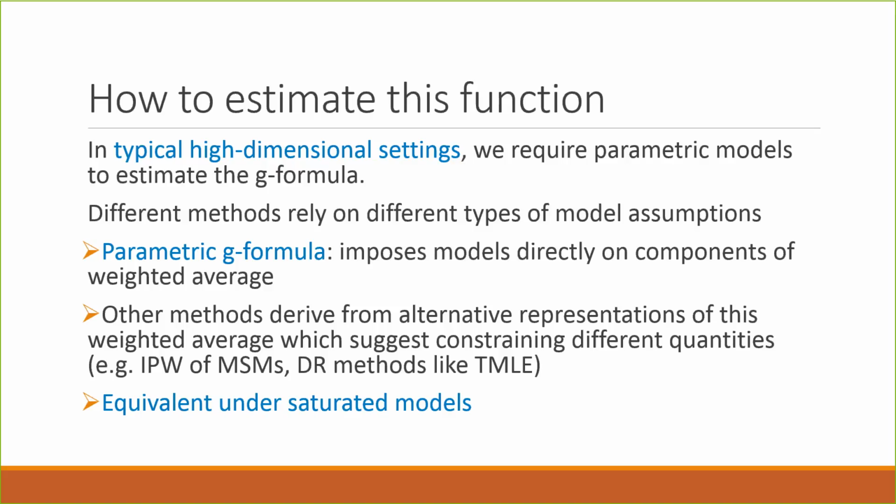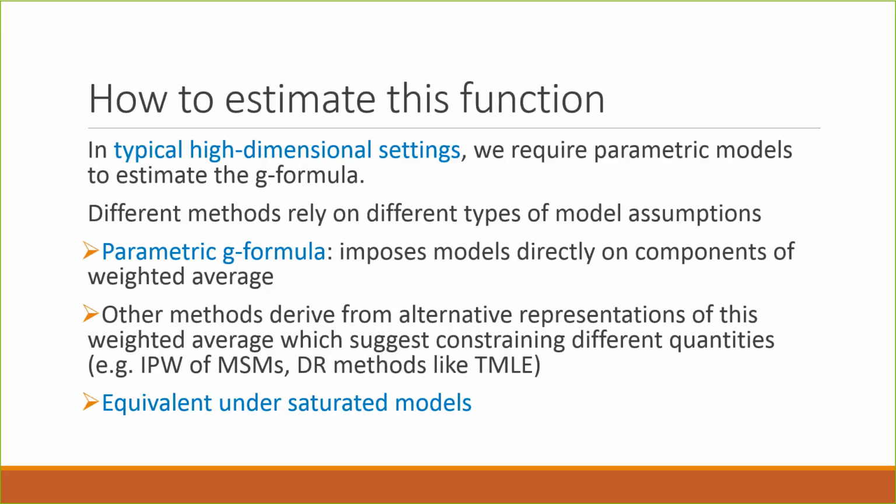But other methods can be used which derive from alternative representations of this weighted average, which are algebraically equivalent in the absence of models to that weighted average I just described. But these alternative representations suggest constraining different quantities via models when, again, we're in this high-dimensional recursive dimensionality situation.